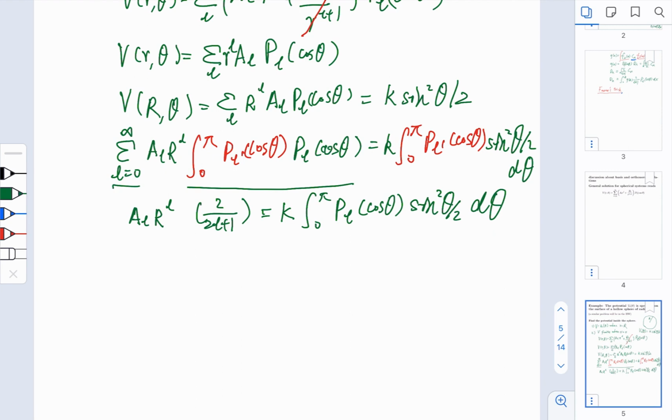And here, before we actually do this integral, we can make a simplification to this sine theta. Now this sine theta square can be written as 1 minus cosine theta divided by 2, and the reason that I write it like this is because the PL of cosine theta are always a polynomial of cosine theta.